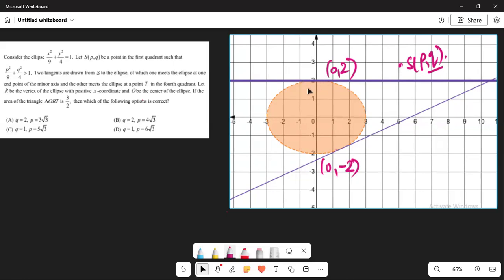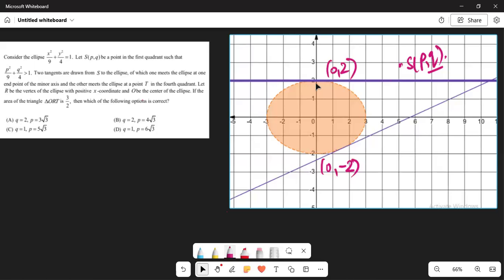So you see here, if you move close to (0, 2), the ellipse is becoming flat on the top. It's very flat on the top, and the tangent also shares the same thing because the tangent slope is the same as the slope of the curve at that point, which is the ellipse.